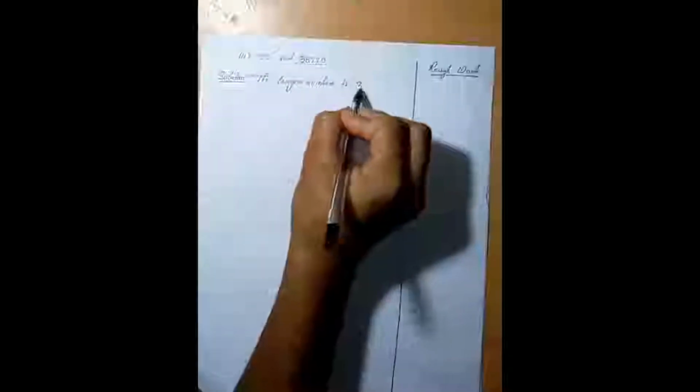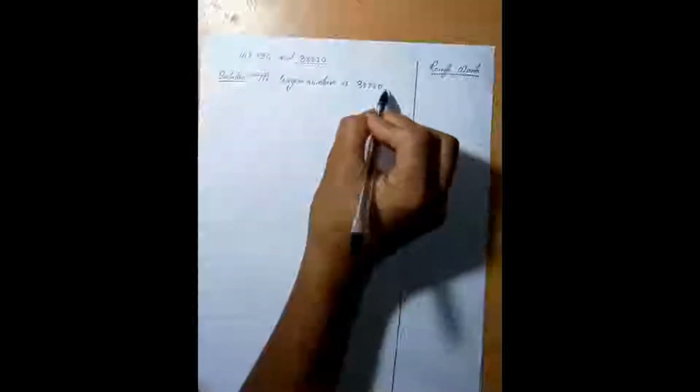Now the second question, which is 196 and 38,220. Similarly we will take the greater number. The larger number is 38,220.